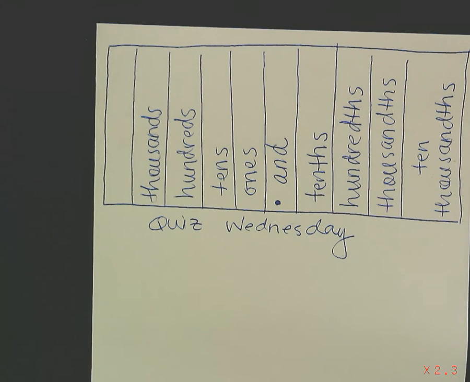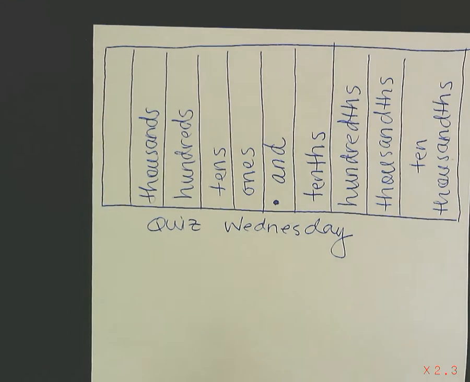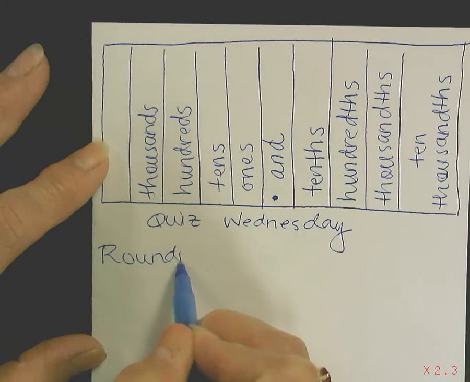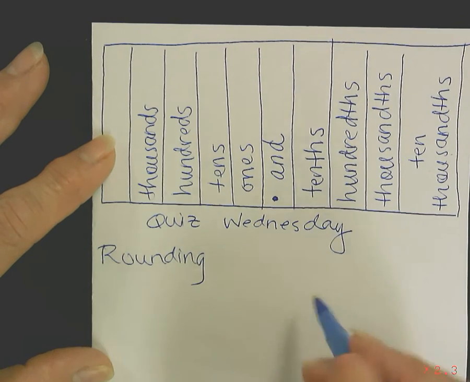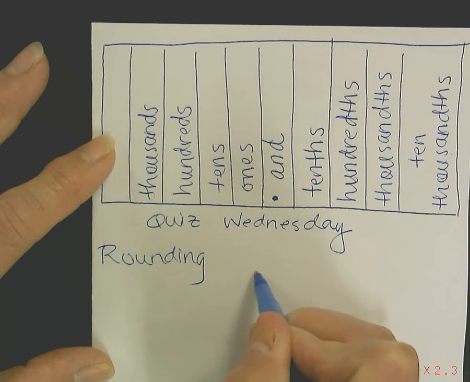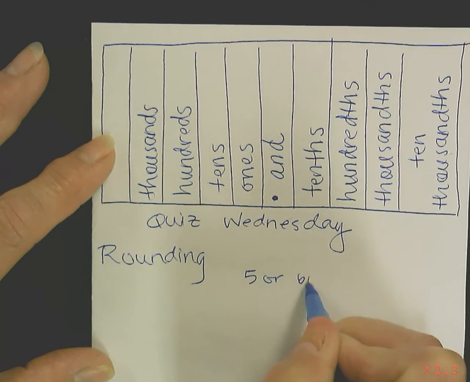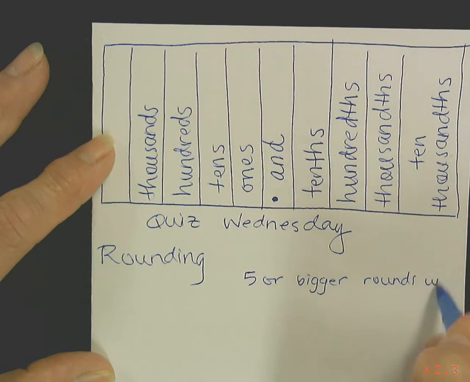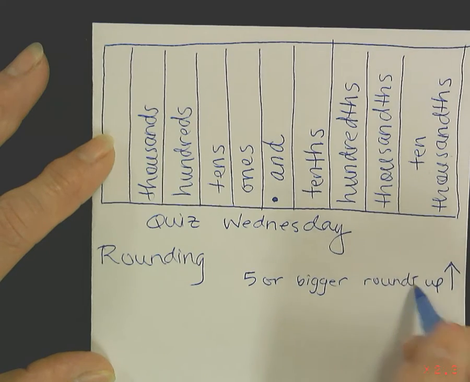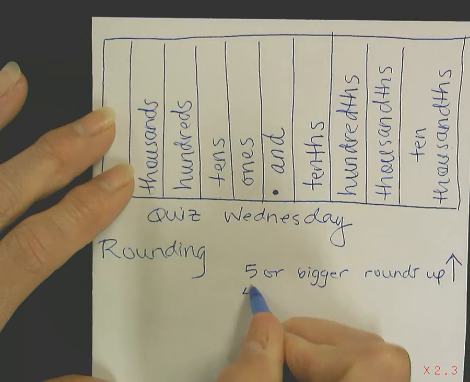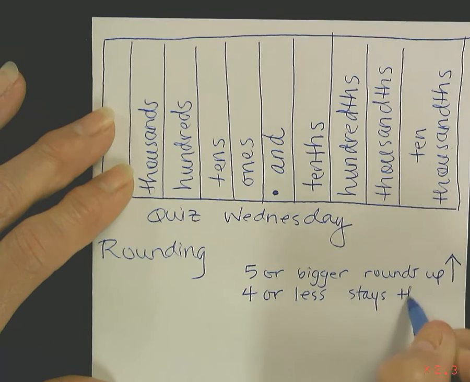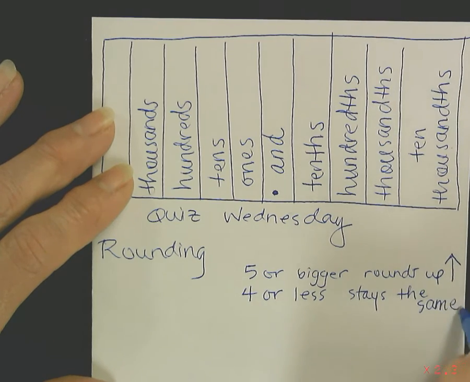And so today we're going to talk about rounding and the rules that will help you with rounding. Okay? Rounding. So here's what you need to remember. 5 or bigger rounds up to the next biggest number. 4 or less stays the same.